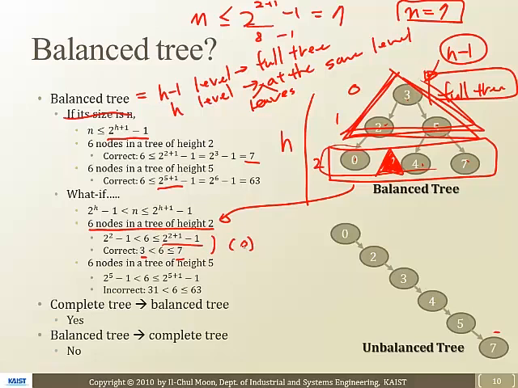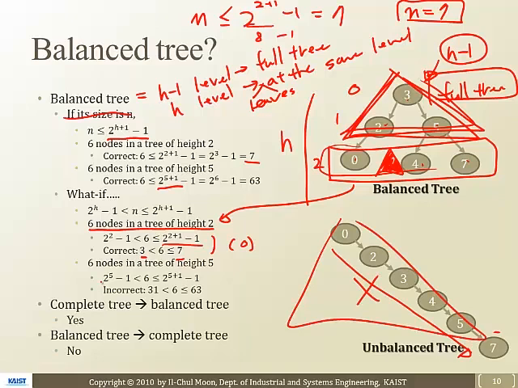These are all true. However, consider this structure, which doesn't have a full tree structure on the upper side. It is not a full tree here. In this case, we have heights 0, 1, 2, 3, 4, 5, so h is 5. Here 2^5 - 1 is 32 minus 1, which is 31, and 2^6 - 1 is 63, right?